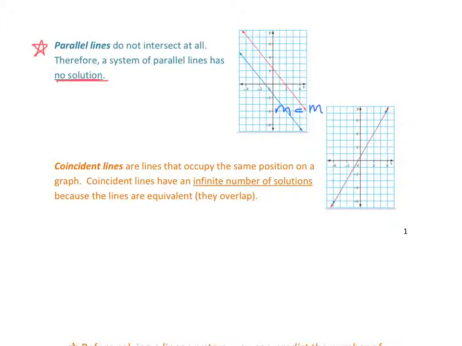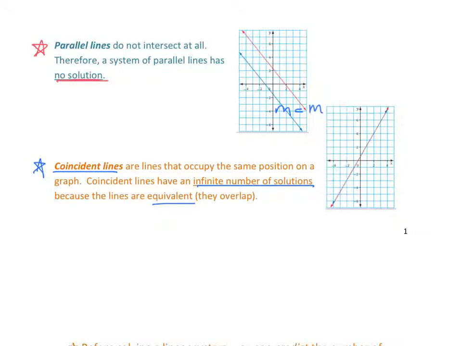The second type that we need to look at is coincident lines. Coincident lines are lines that occupy the same position on a graph. Coincident lines will have an infinite number of solutions because the lines are equivalent. They are actually the same line.